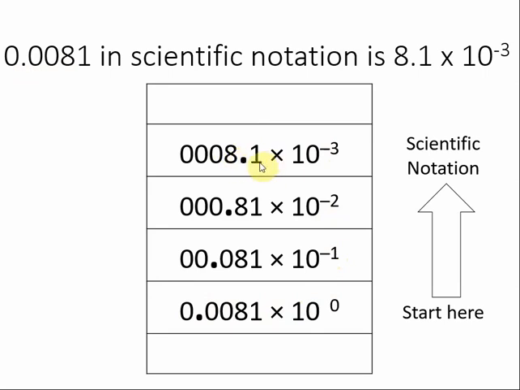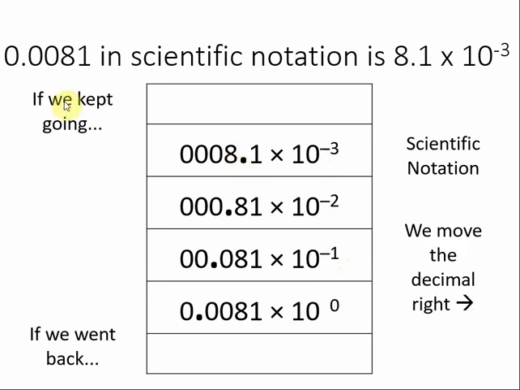We stopped with something in the ones place. If we kept going like we did before, we'd end up with 81. Now that's not scientific notation. We went too far.